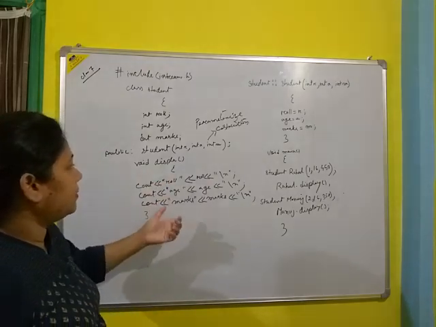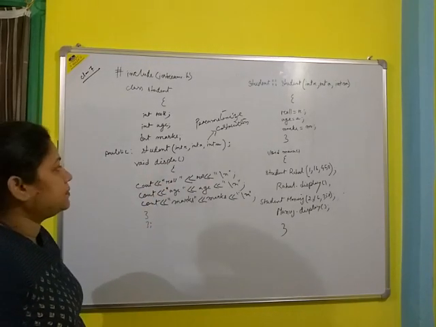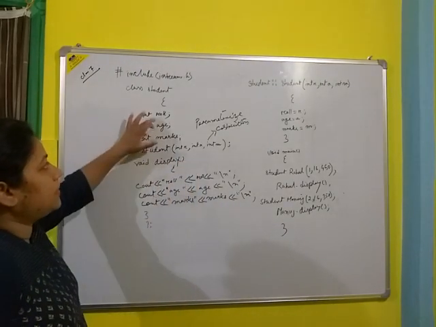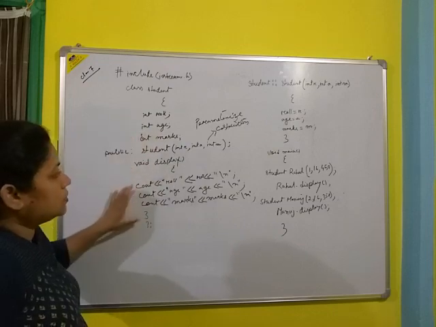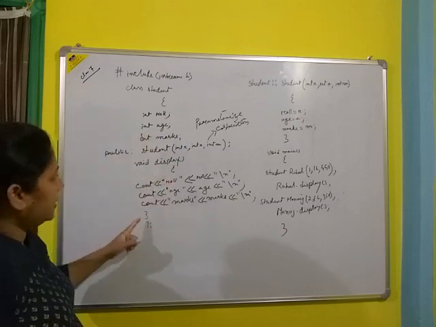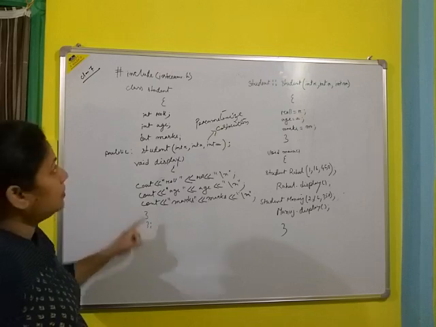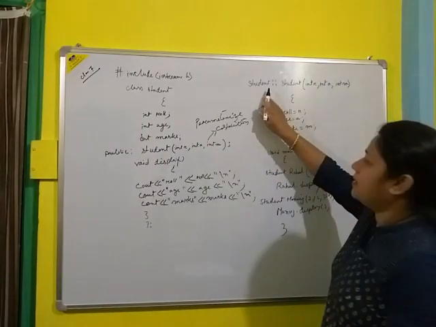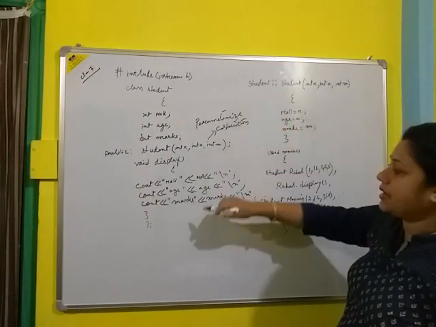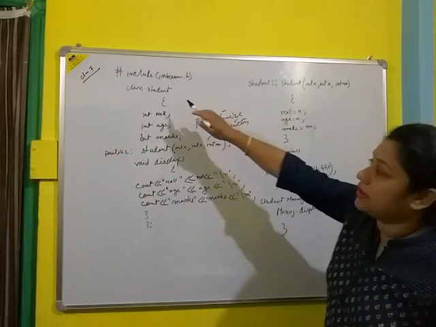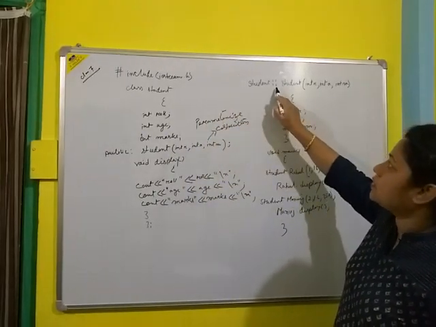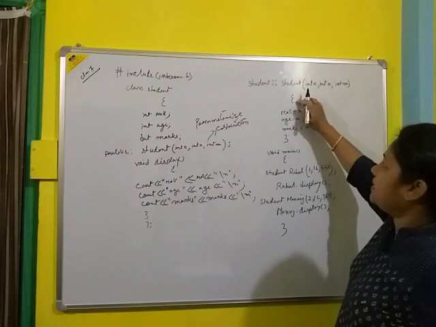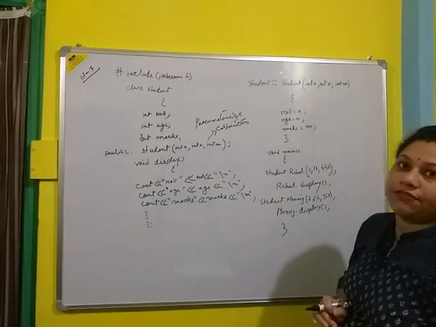Then I declare one more member function, that is display, and the display member function is going to display the roll number, age and marks of the student. So here I write the necessary statement, end of the display function and end of the class declaration. Now look at here, I give the definition outside the body of the class. So student, scope resolution operator, student, and these are the parameters. Begin. Now look at the body of the definition.